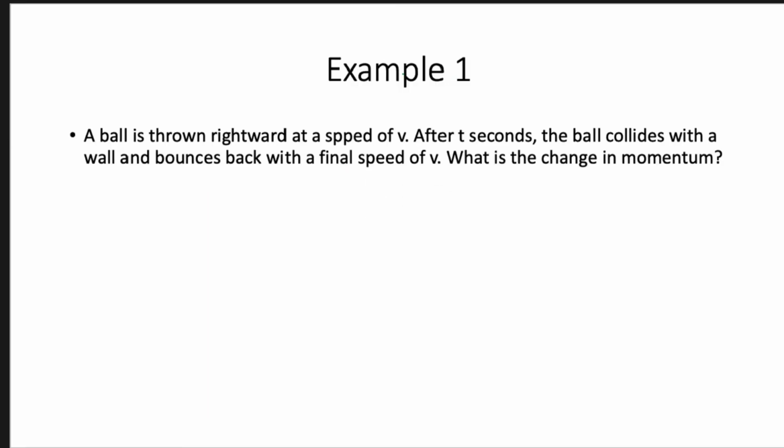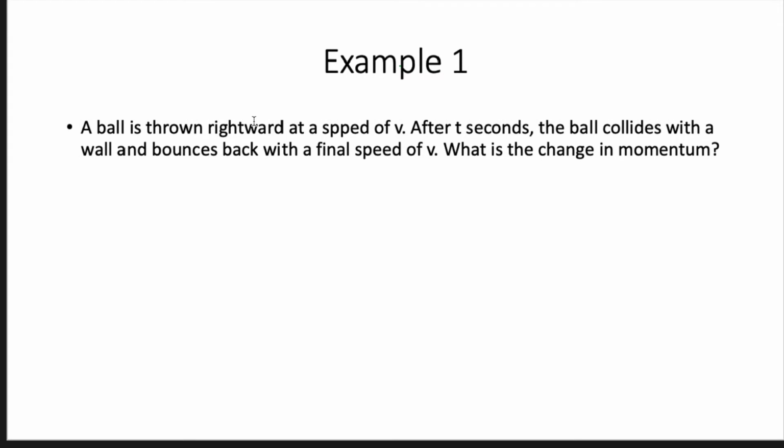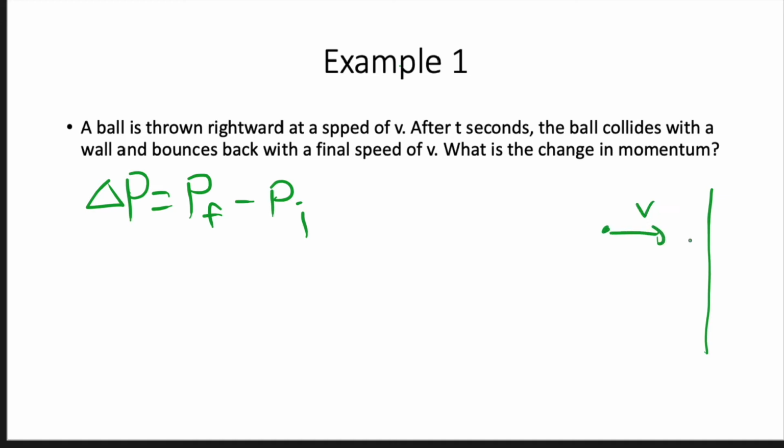Cool. Example 1. A ball is thrown rightwards at a speed of v. After t seconds, the ball collides with a wall and bounces back with a final speed of v. What is the change in momentum? You know change in momentum, delta p, is equal to final momentum minus initial momentum. So here is the wall. A ball is initially at a speed of v, and then it bounces back with another speed of v. Because momentum is a vector, direction matters.